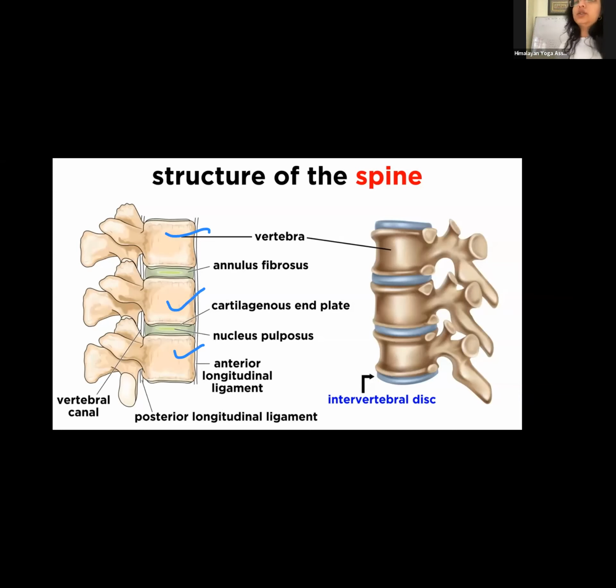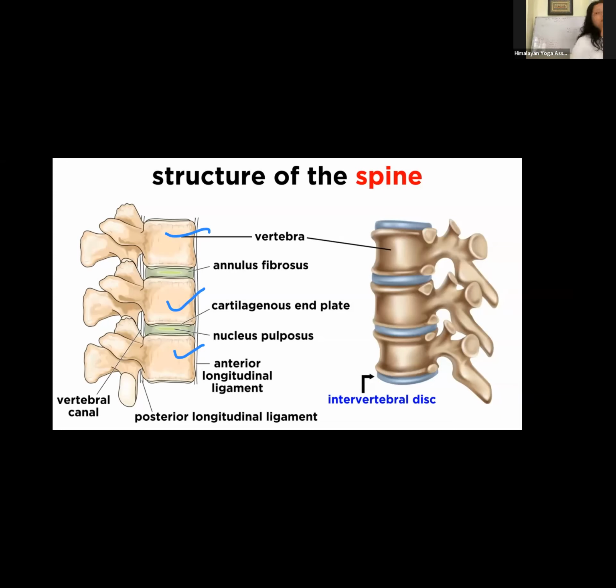If they touch each other, there will be a lot of friction and they will rub against each other and then disintegrate. So it has been designed in such a way that there is cushioning in between two bones, so that there is no rubbing between the bones.